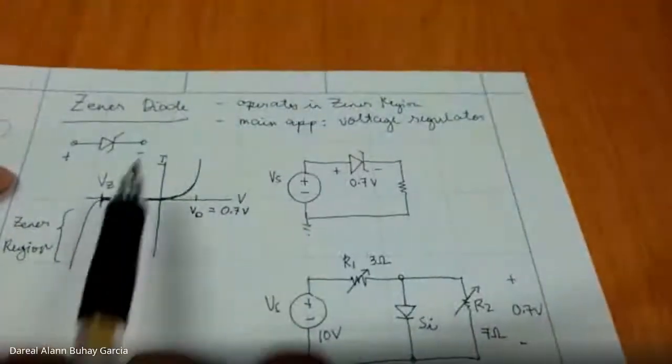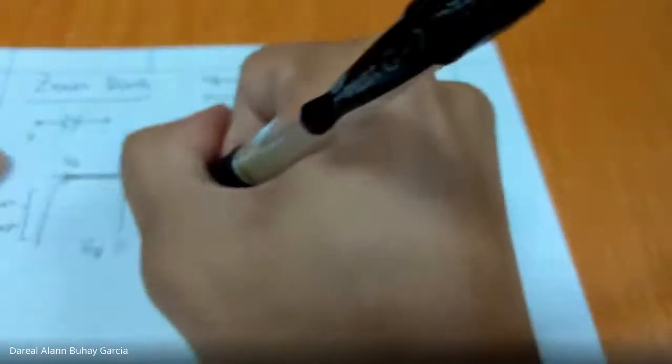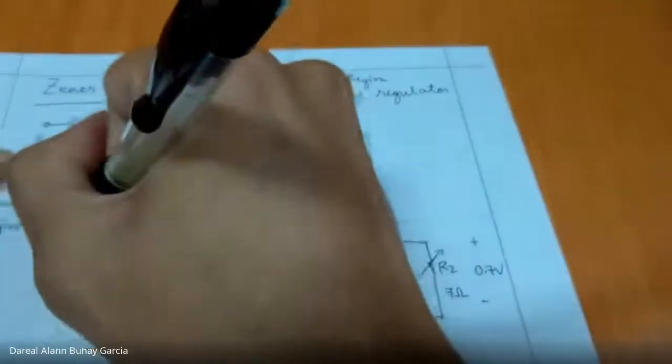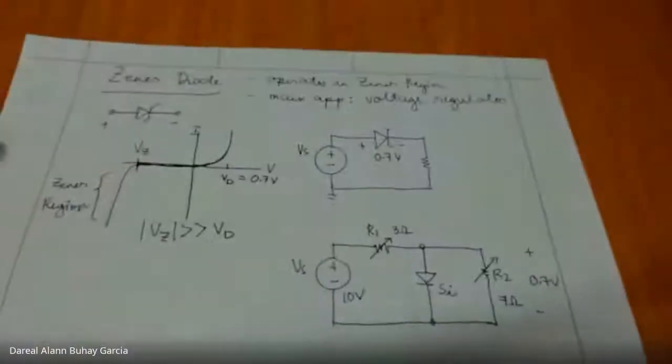Iyahang VZ, in this case, its VZ is greater than VD, no? Or absolute value na lang kay negative man siya. Sometimes it's very much greater than VD.